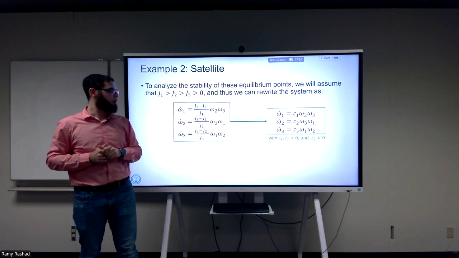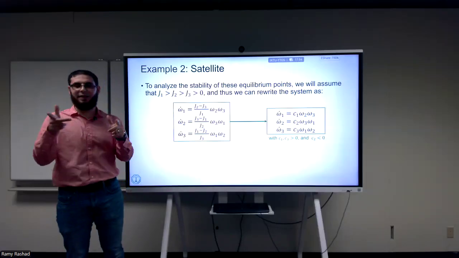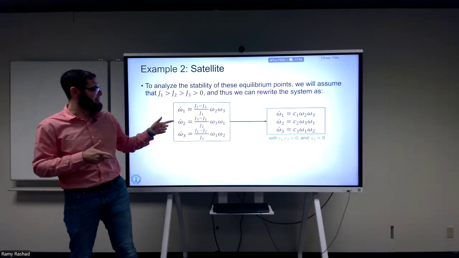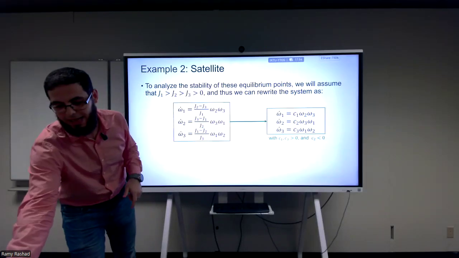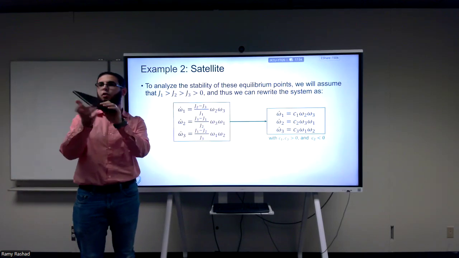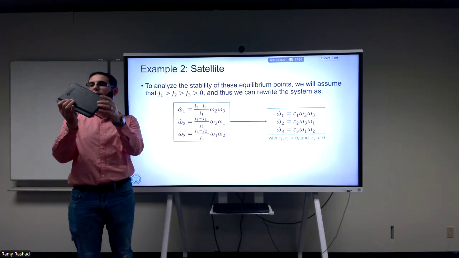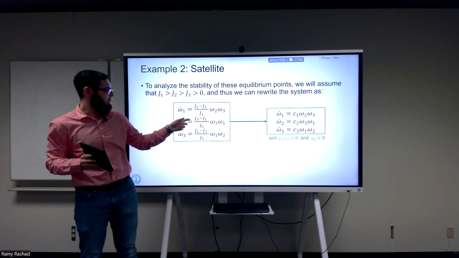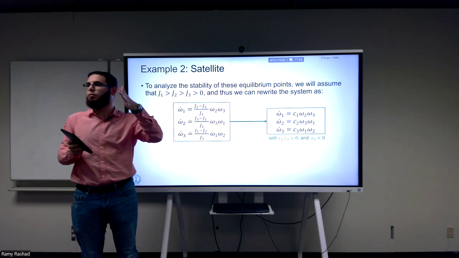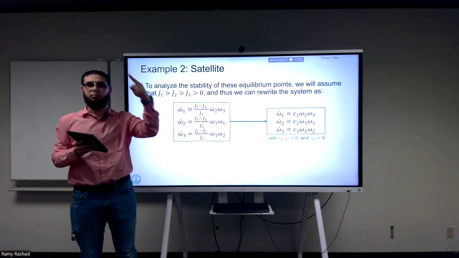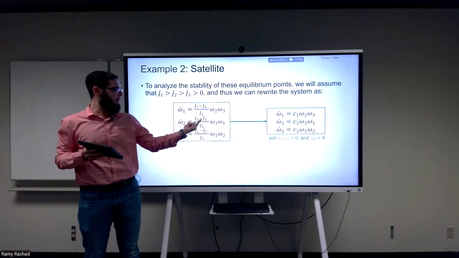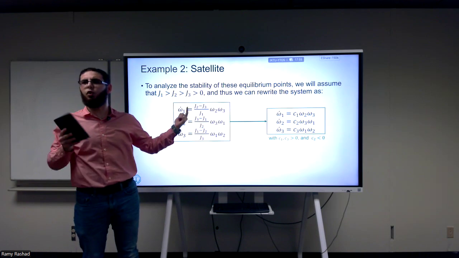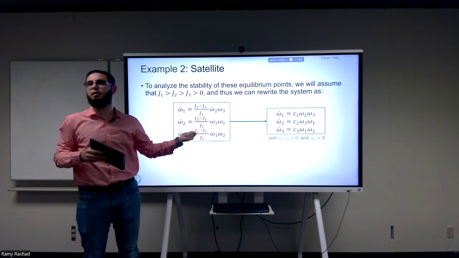So you see, we have a clear separation between rotation around the biggest axis, and rotation around the smallest axis, while the rotation around the intermediate axis, the one in between, will have a minus sign. Can we conclude that this is unstable and this is stable and this is stable immediately?